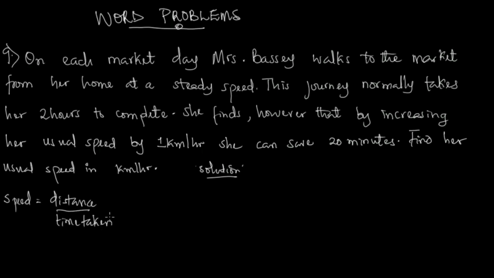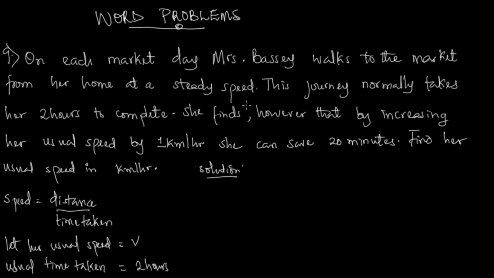She walks at a steady speed from her home to the market, so let our usual speed be equal to v. This journey normally takes 2 hours, so that is our usual time taken. Usual time taken is 2 hours.